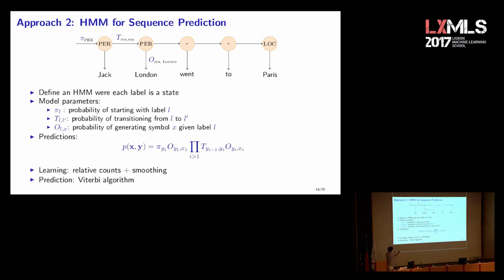And then, interestingly, it has these transition parameters: the probability of moving from person to person, from person to nothing, from nothing to nothing, and from nothing to location. And that's what we want. We want the probability of generating another person word if I have generated a person word. That's exactly what I want.